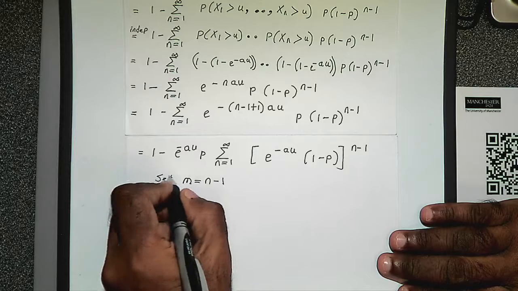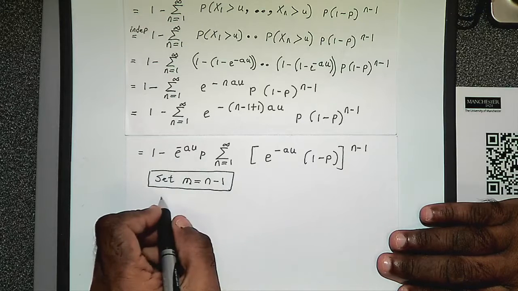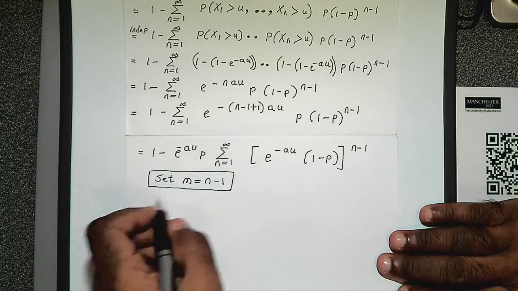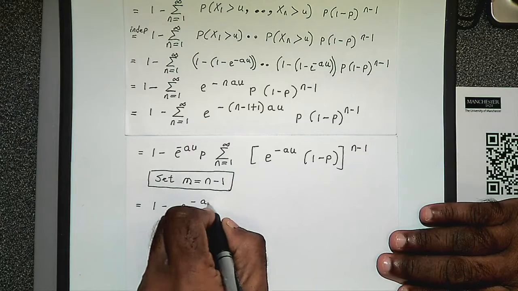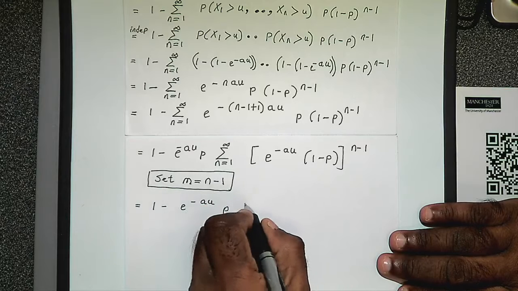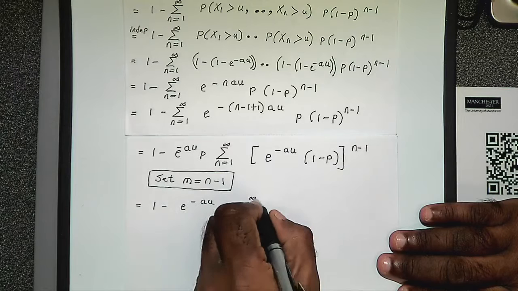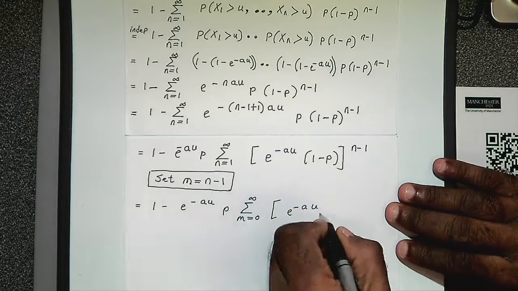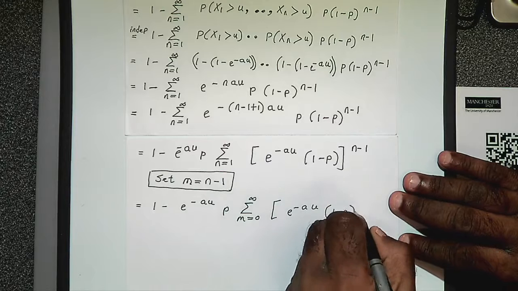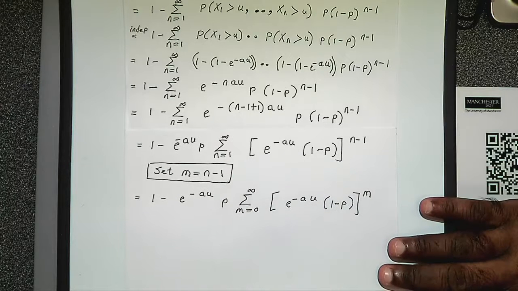So set this substitution, and under this substitution this summation will become 1 minus, it becomes this.